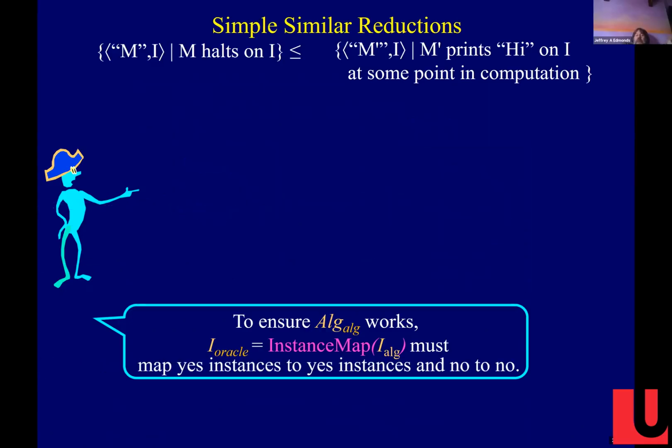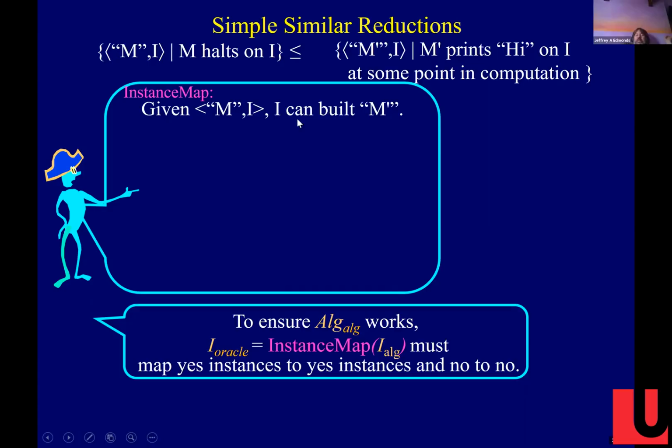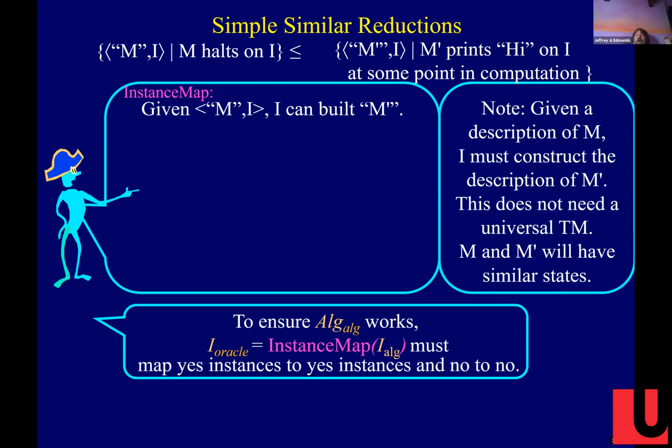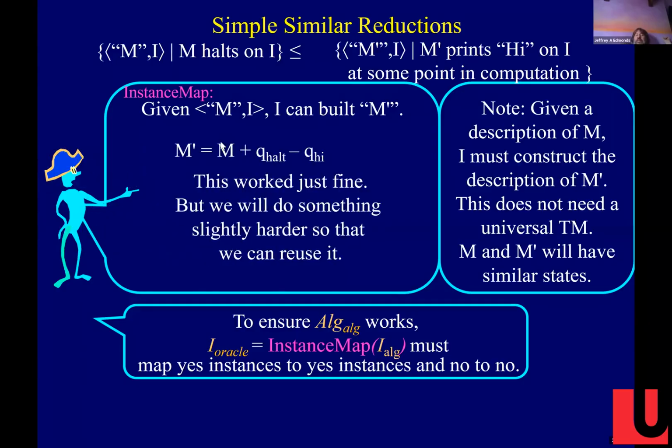So we have to do our mapping. And what does our mapping do? We're given Turing machine M, and we construct a Turing machine. We sort of remove the halting state, and we add the hi state, right?